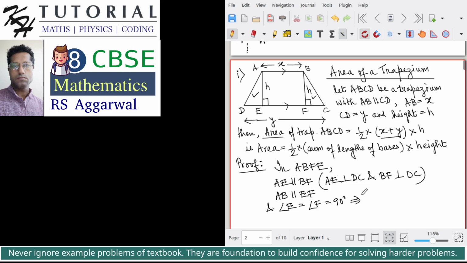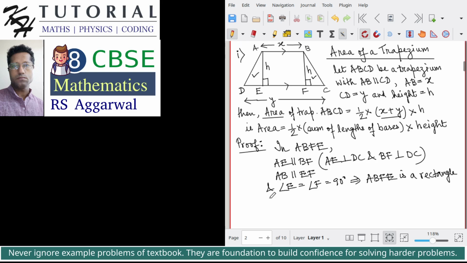So this will imply that ABFE is a rectangle, where EF is equal to X, as EF is the side opposite to the side AB, and the length of AB is X. So EF will also be X. Now we will first find the area of the two triangles ADE and BFC, and the area of the rectangle.